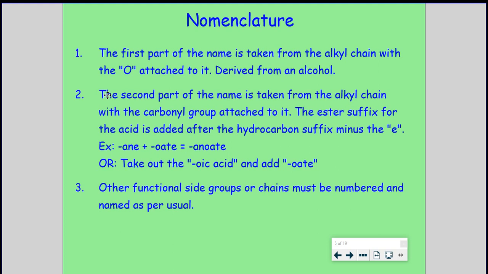The alcohol component is going to become your first name, and we're going to remove the "ol" and add "yl" to it. So that's the first rule. Second rule, we're going to consider its carboxylic acid name. We're going to take out the "oic acid" and add "oate." Everything else, as usual, will be numbered and named as we've been practicing a lot.